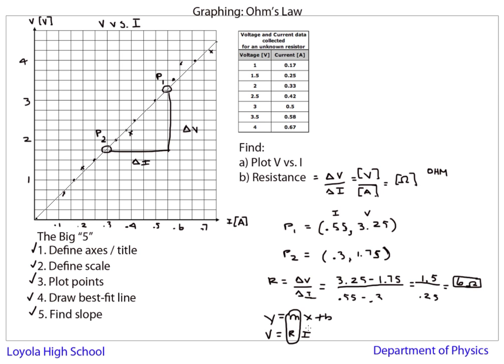Normally it's written the other way, V equals IR. But in a nutshell, if some electrical device's graph of voltage versus current is linear, we can find the slope of that line and say that that's a resistance, and then it follows Ohm's law, which is this equation right there. And that's a wrap.